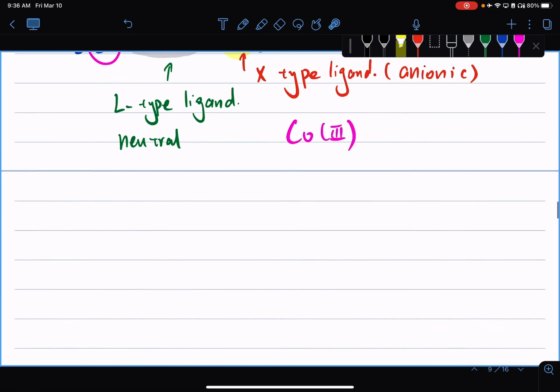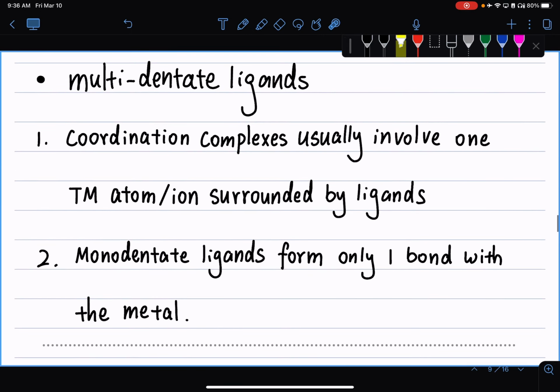So moving on to our next topic, which is multidentate ligands. So far we were just talking about one ligand binding onto the transition metal center with one binding site. However, in real life, we could have multidentate ligands. What does multidentate ligand mean?